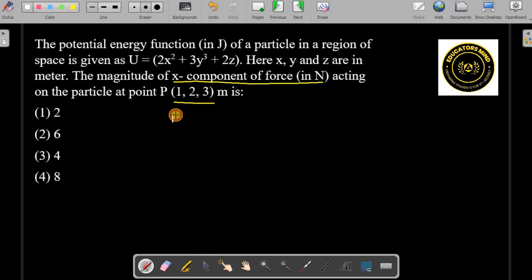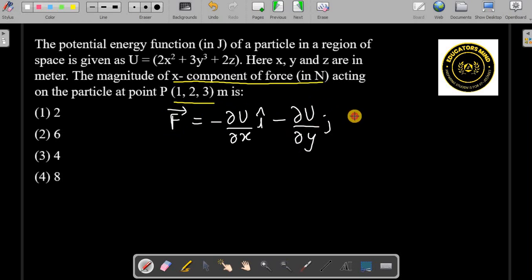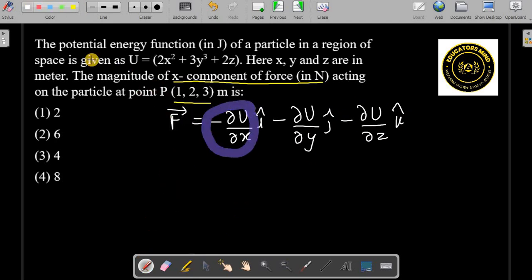Because when they ask about force, we should know the formula for force. Force is minus partial differentiation of U with respect to x, i cap, minus partial differentiation of U with respect to y, j cap, minus partial differentiation of U with respect to z, k cap. This is what it is, and here we need to find only the x component, and that too magnitude.